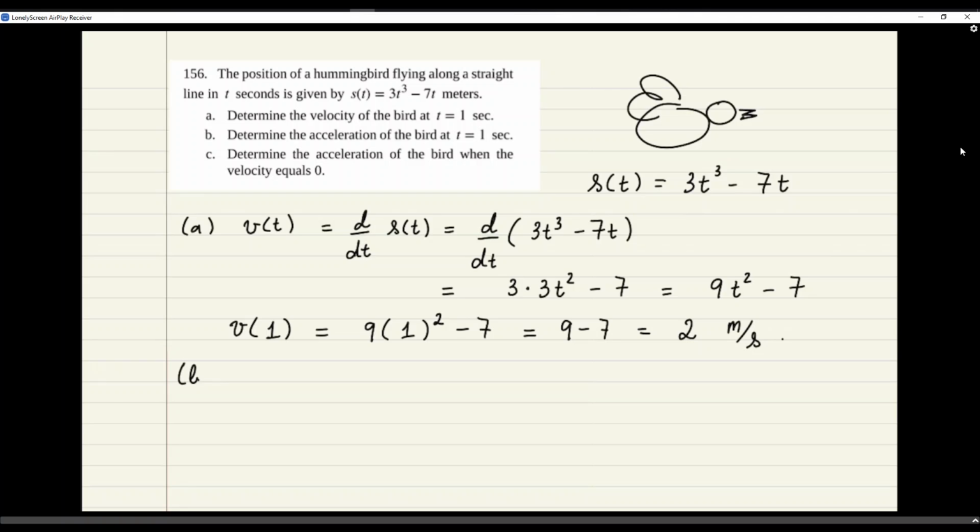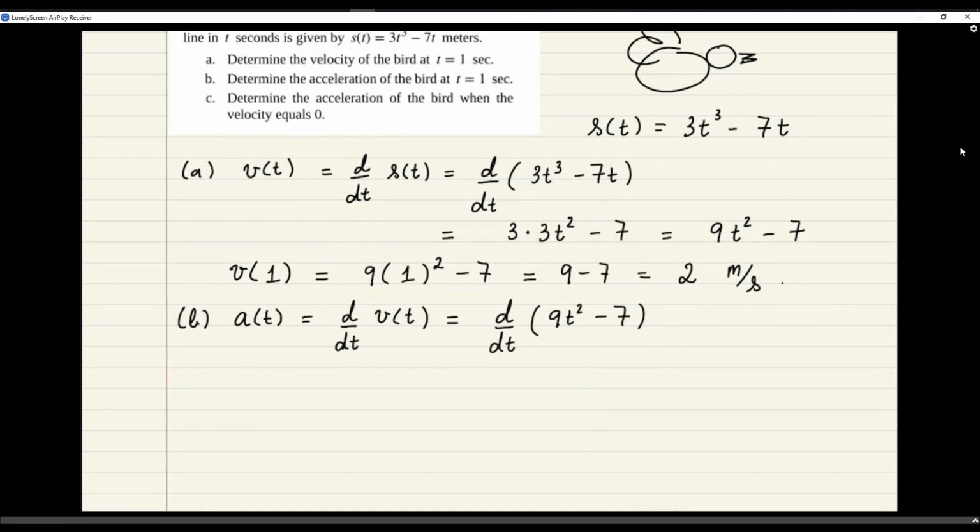For part B, we are asked to find the acceleration of the bird at t=1 second. Again, we know that acceleration is the time derivative of velocity. So this means that we have to take the time derivative d/dt of the velocity function, and the velocity function we have figured out as 9t² minus 7. So I put 9t² minus 7 here.